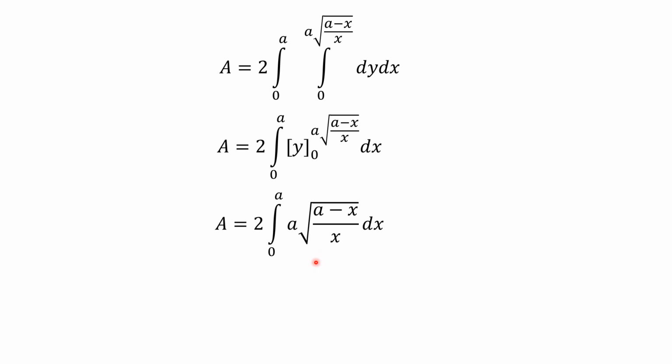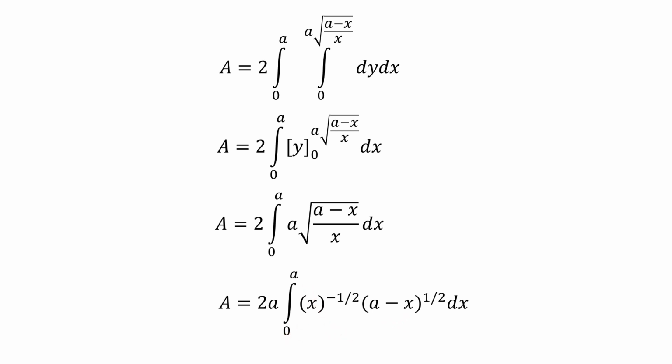Now we will express it in the form A is equal to 2a times integration from 0 to a of x raised to minus half into (a minus x) raised to half dx. Now we will try to reduce it to the beta function. For that, we need to make a substitution for x so that we get the term 1 minus variable with linear power and limits from 0 to 1.